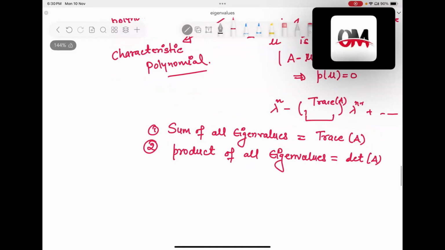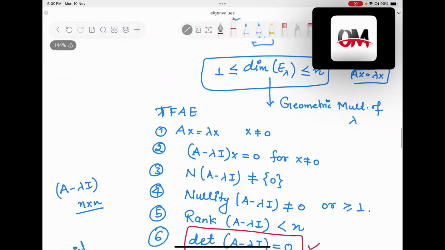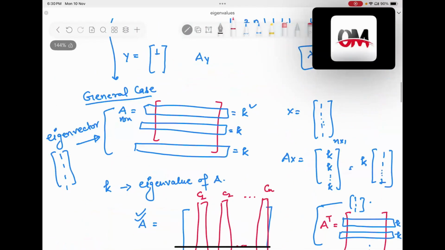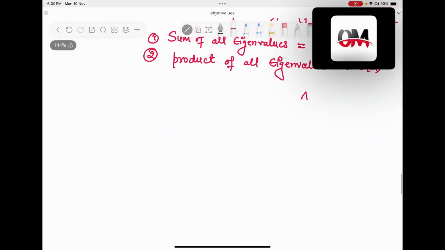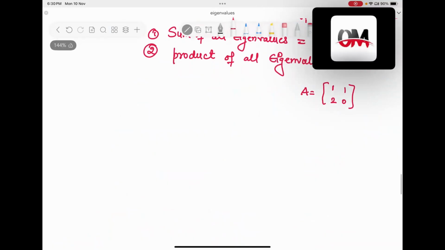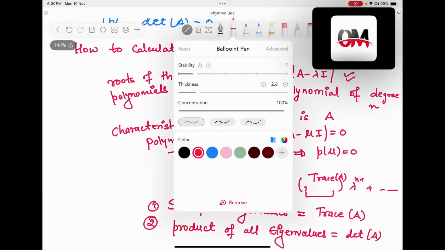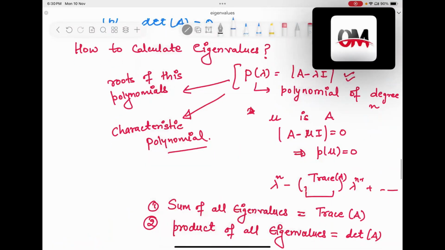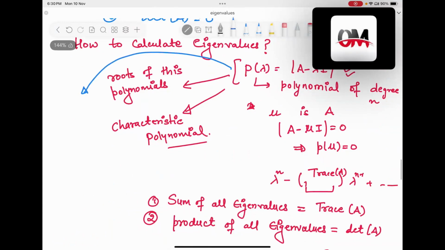Now let's come back to the first question. So we had this question, A equals 1120. Now from this polynomial, how many roots does this polynomial have?